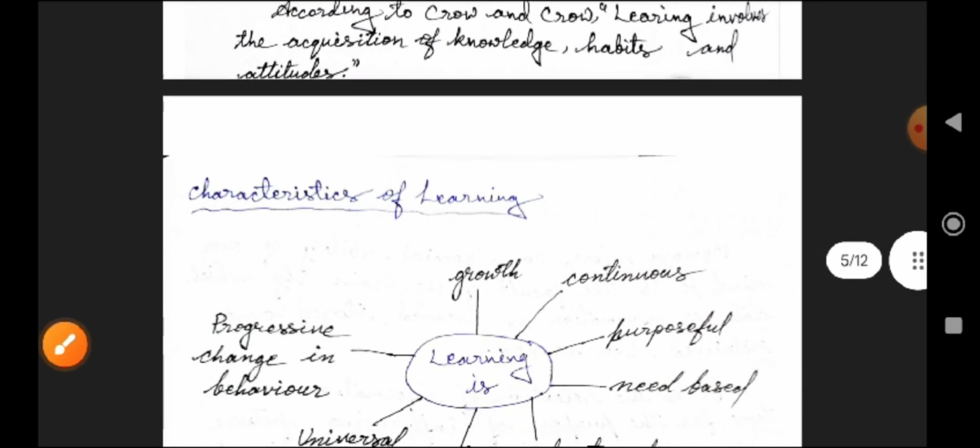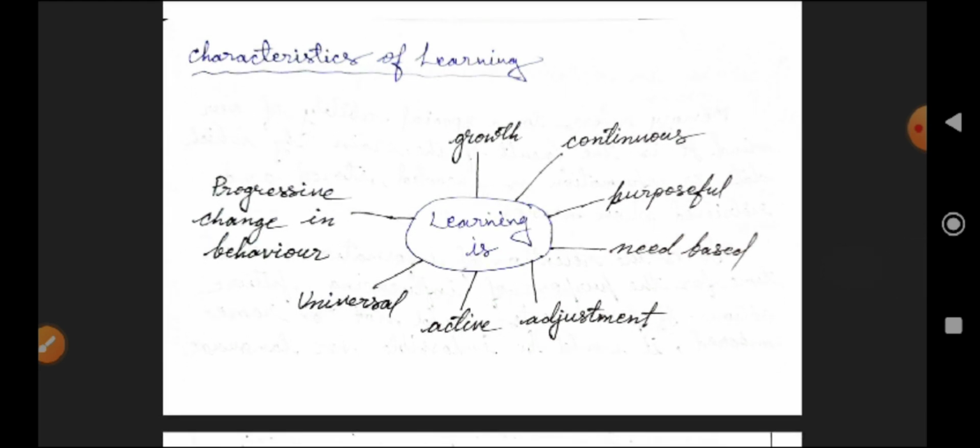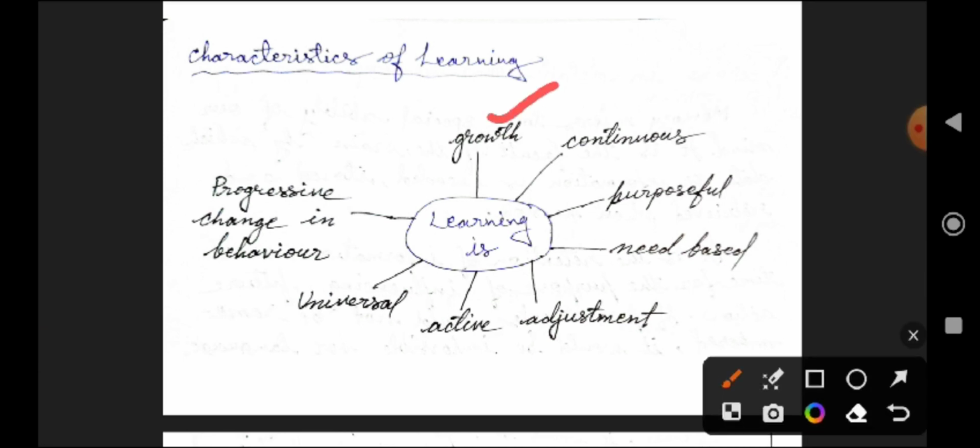next we will discuss the characteristics of learning. So what are the characteristics of learning? Learning is growth, learning is continuous, learning is purposeful, learning is need based. Why do we learn?